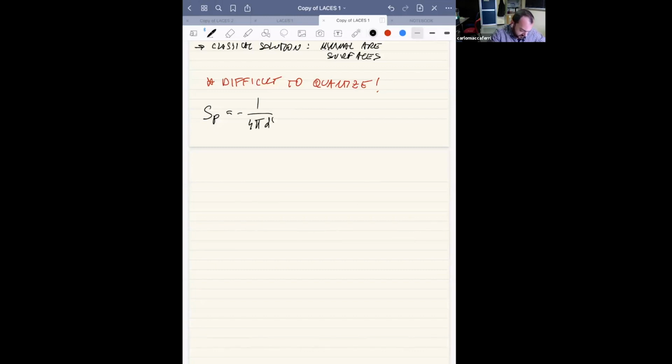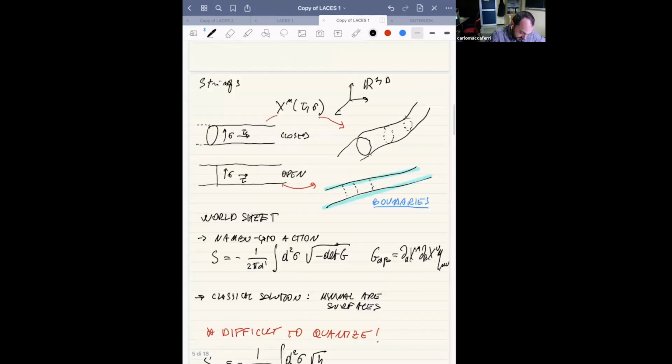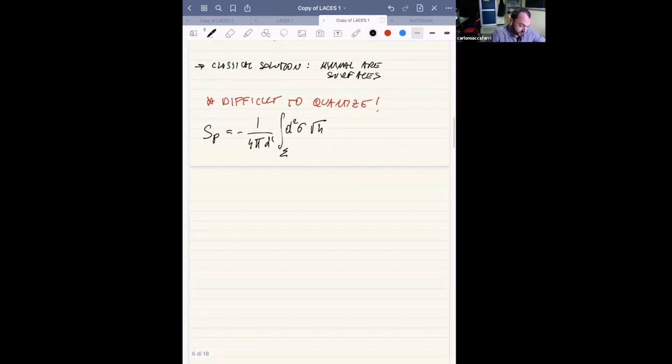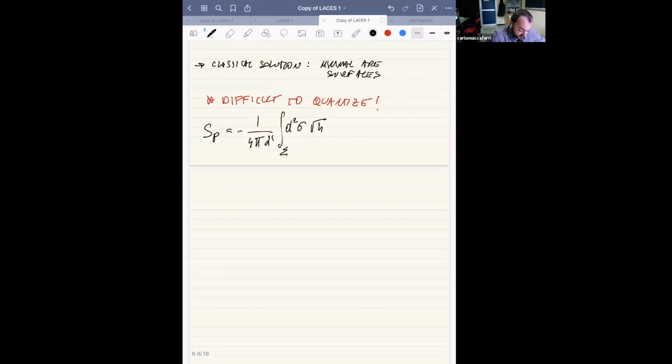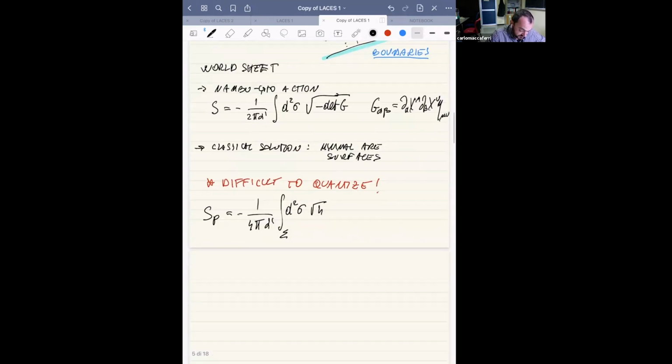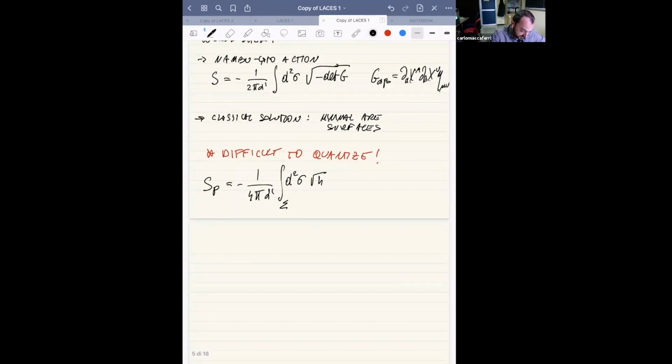And so I'm going to have the same measure, but now I couple these maps X^μ to a two-dimensional worldsheet metric, which is completely independent from the pullback of the metric that I defined here.